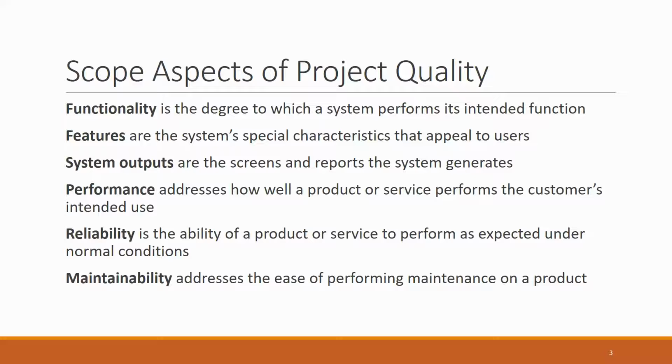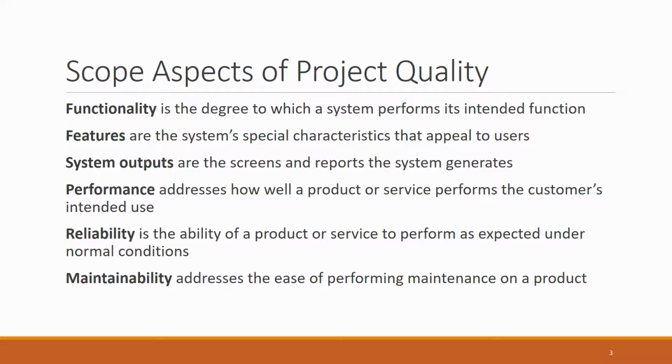Are all of the features that are supposed to be present, are they present, and will they appeal to the users? The system's outputs, including screens and reports that might be generated, do they meet with the standards and the needs? Are they going to deliver the information that was intended to be delivered?